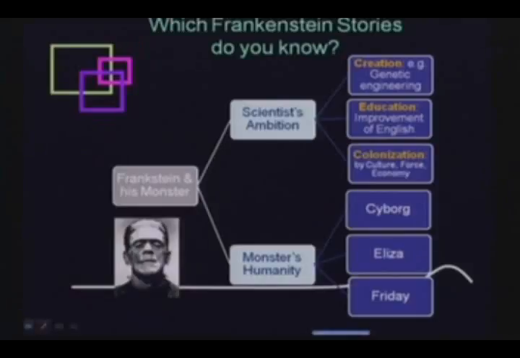So here, related to the scientists' or the academic ambition, we have stories of creation, and then we also have stories of education, like Pygmalion, that we read last time. It's about this ambition or idealism in changing a person's language in order to change that person's life.